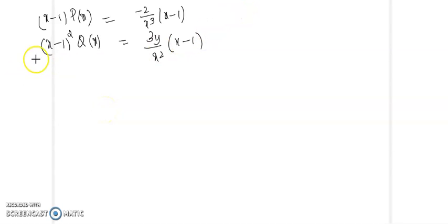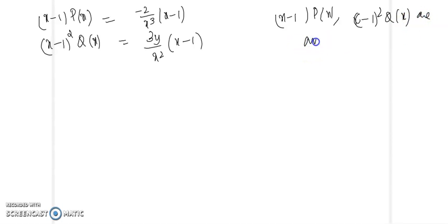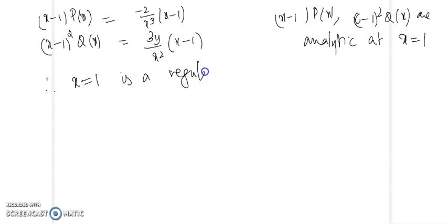So here x minus 1 times p of x and x minus 1 whole squared times q of x are analytic at x equal to 1. Therefore, we can conclude that x equal to 1 is a regular singular point. But x equal to 0 is an irregular singular point.